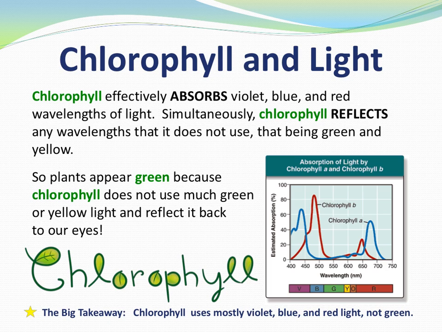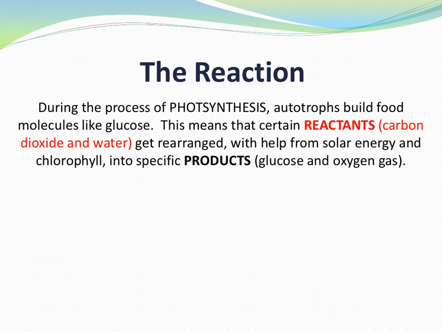And now it's time to discuss the chemical reaction that is photosynthesis. During the process of photosynthesis, autotrophs build food molecules like glucose. This means that certain reactants, like carbon dioxide and water, get rearranged with the help from solar energy and chlorophyll into specific products, such as glucose and oxygen gas.